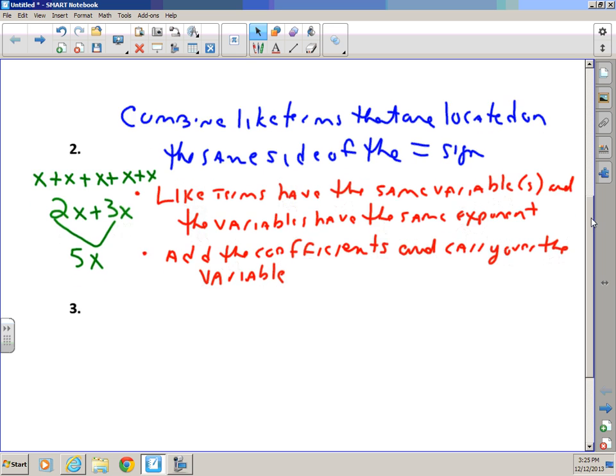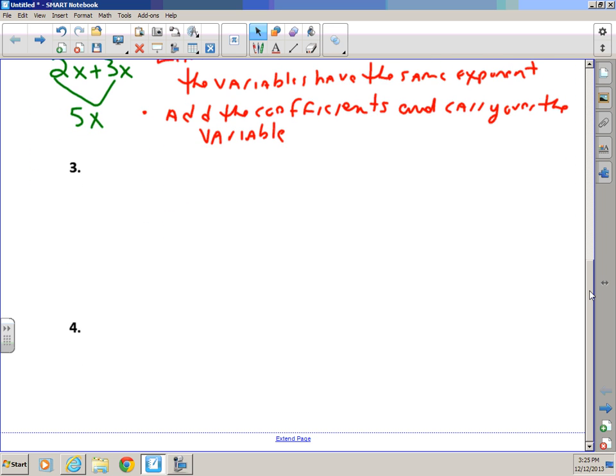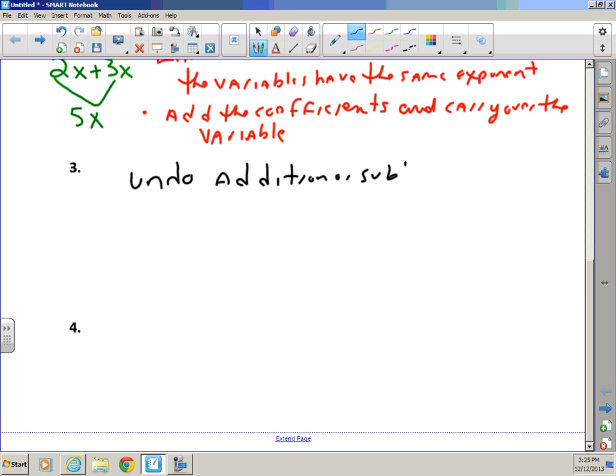Once we've done these two steps, we are now down to a two-step equation. So we undo addition or subtraction, whichever one of those two exists. And then finally, we undo multiplication or division.